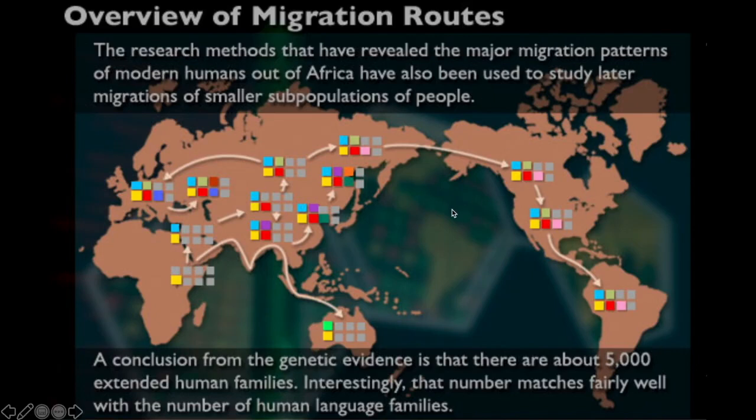By taking DNA samples from different races, or what we call race, or different human groups or populations of people, we have created this map of how we have colonized the entirety of the map.